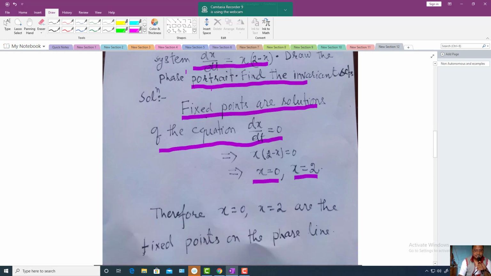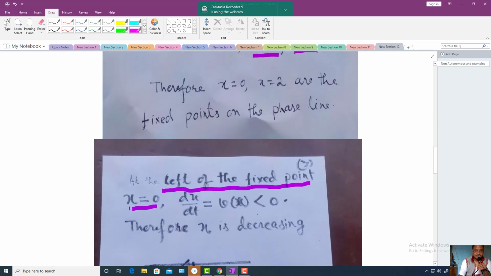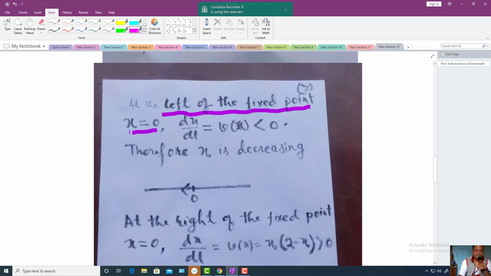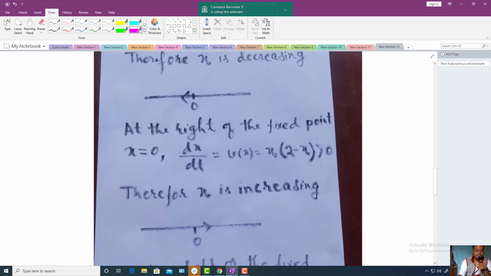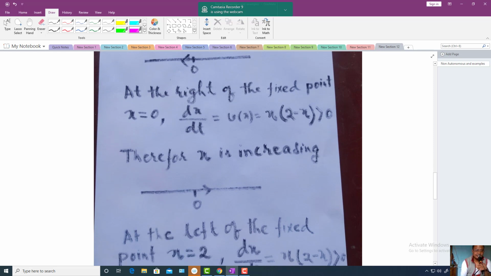Then dx/dt is positive, therefore x is increasing. That means with 0 here, if you take some small number here, the point is not coming toward the fixed point, it is moving away from the fixed point.